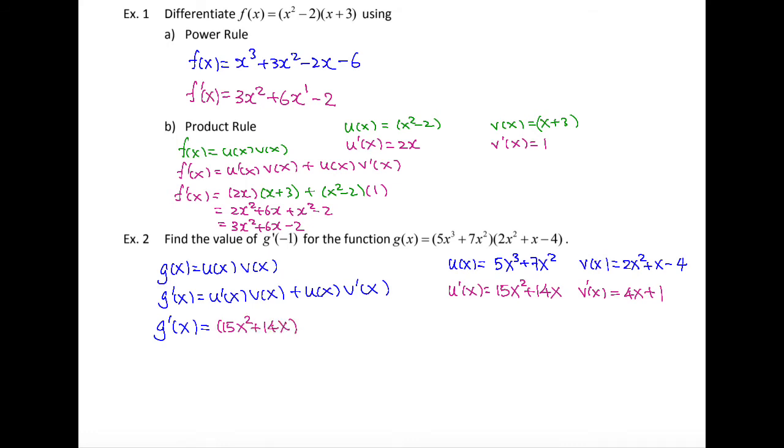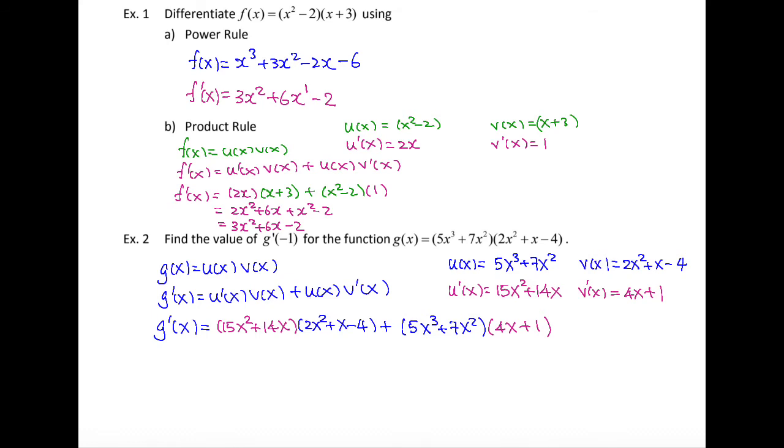And v(x) is 2x squared plus x minus 4. Plus u(x), which is 5x cubed plus 7x squared, and we're going to times by v prime x, which is 4x plus 1.